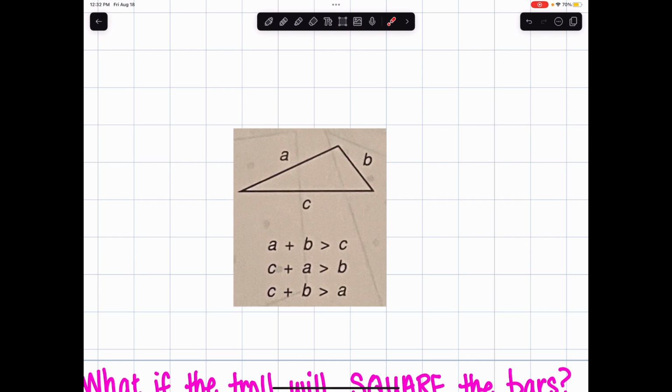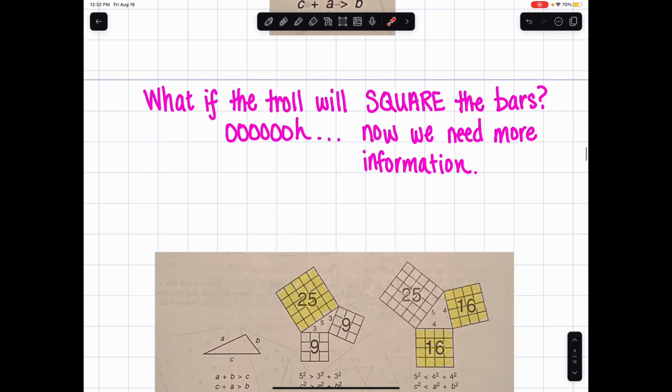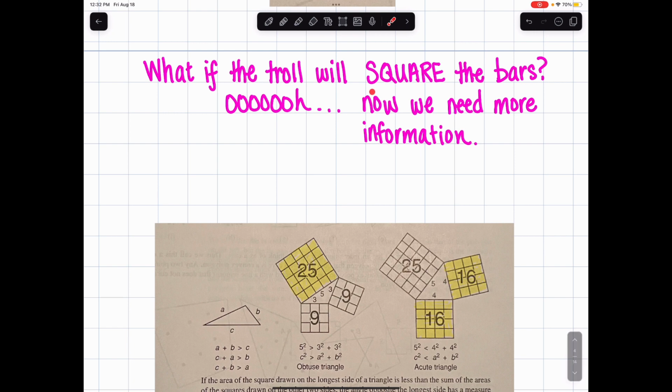Okay. All right. Now, what if instead of a bar of gold that made the lengths of the triangle, what if the troll had squares? Maybe he had squares like this that he could make a triangle with if he put the squares together.